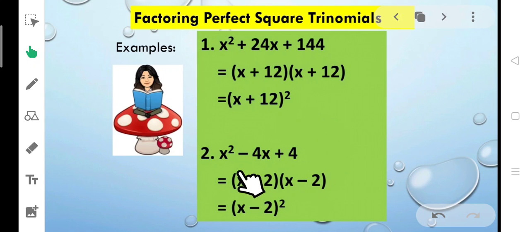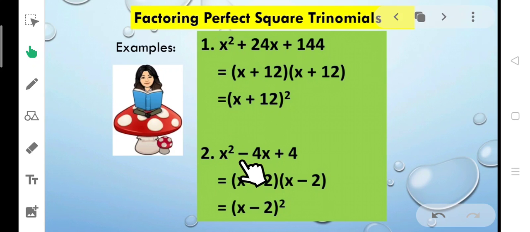Another example, x squared minus 4x plus 4. The factors of x squared are x and x. For positive 4, the factors are negative 2 and negative 2. Why did I use negative 2 and negative 2? Because I must consider the middle term.